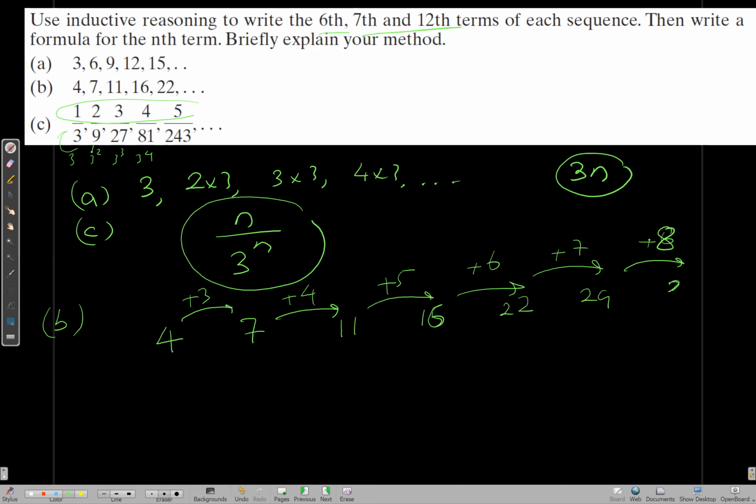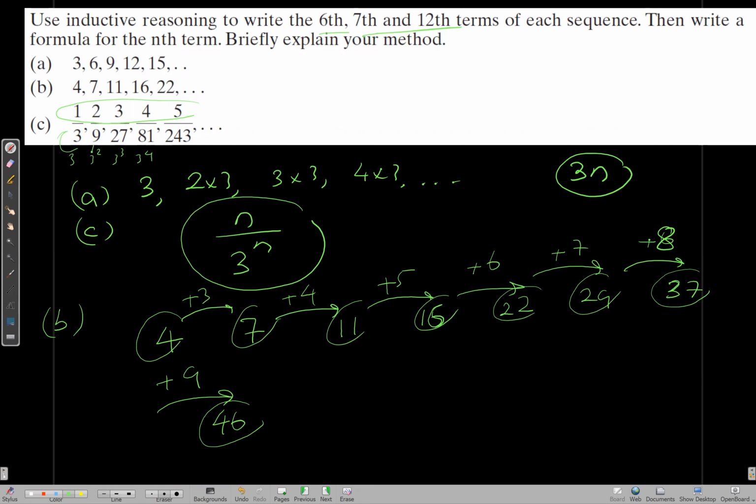Add 8, so 37, and then add 9, 46. First, second, third, fourth, fifth, sixth, seventh, eighth. Since 12 is not a large number, we can keep doing that.